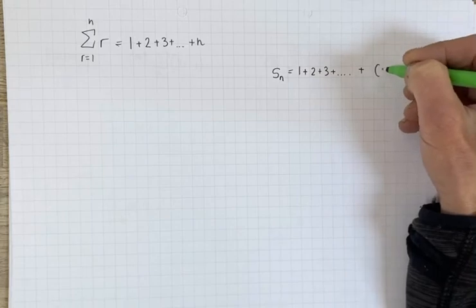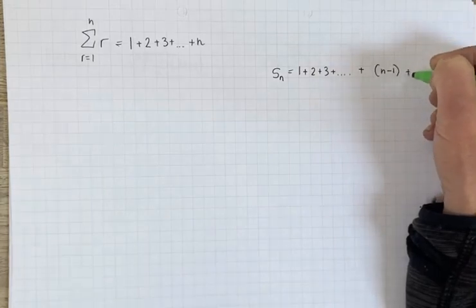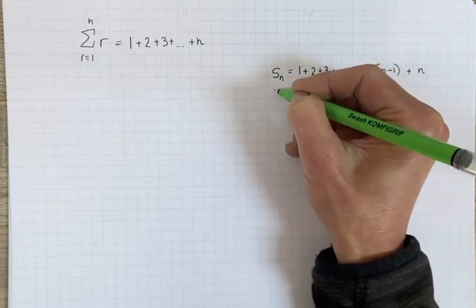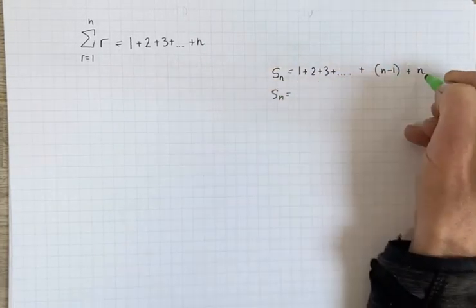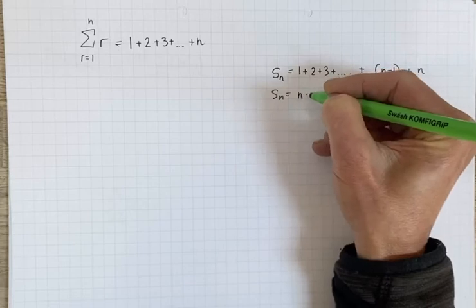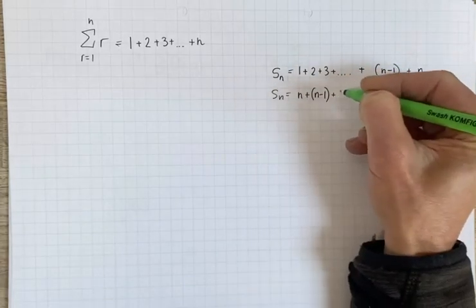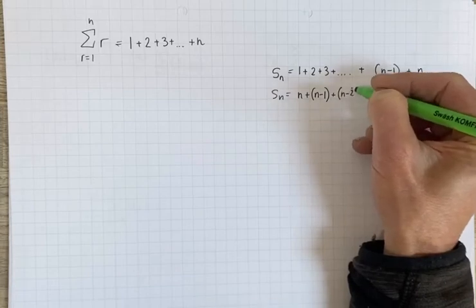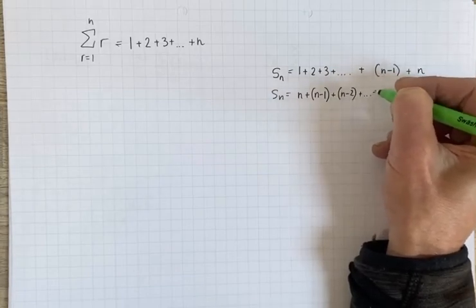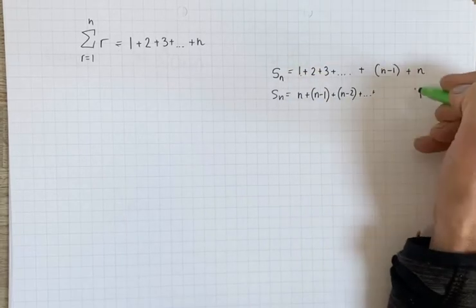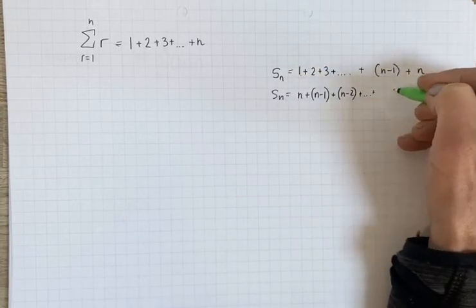Let's put the last but one term and the last one as well. Okay, now you're going to rewrite the same sum again, but starting from the end. So you have n, then you will have n minus 1, then you would have n minus 2, all the way, and I'll write underneath this the first term, and then underneath this one too.